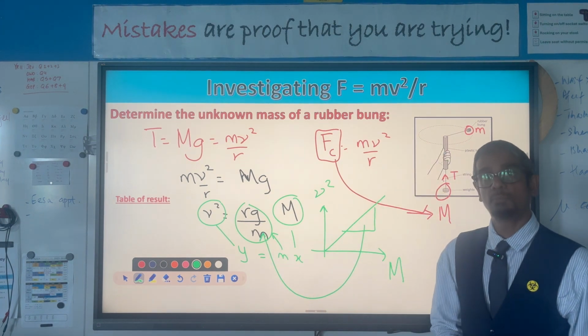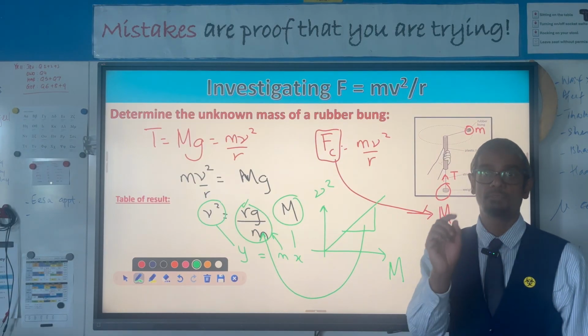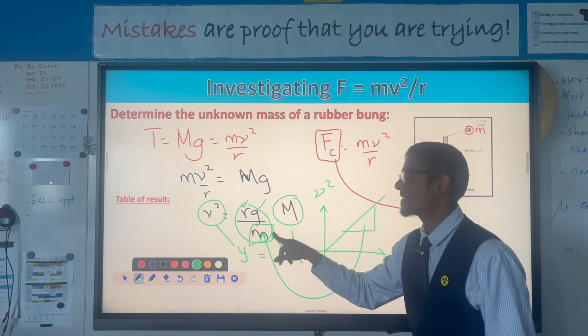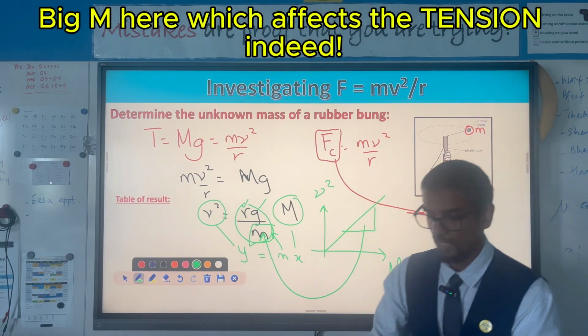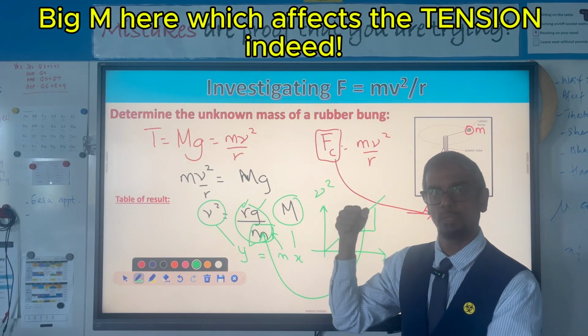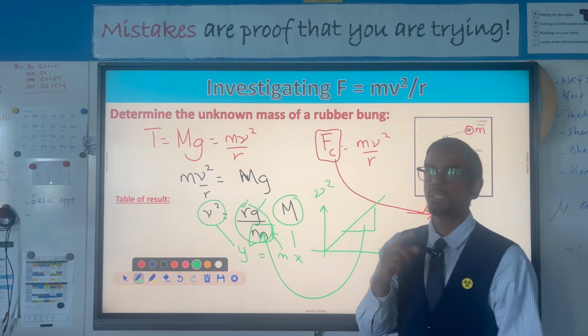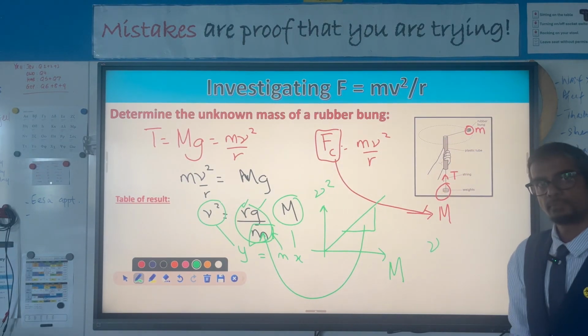So what I'm going to keep the same, I'm going to keep r constant. How am I going to do that, for you to figure out. g is constant and mass m is the unknown. So as you change M and you whirl the bung, velocity will change. So the big question now is for you to think, how do I find v?